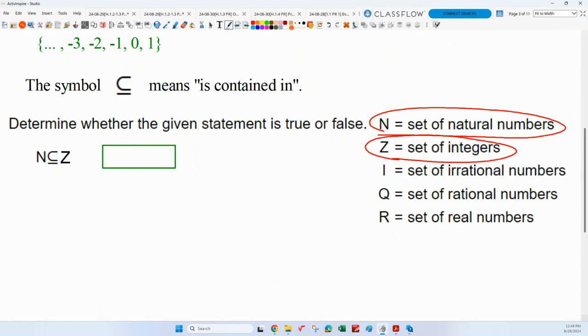So it wouldn't make sense for me to ask the question, is N an element of Z? Is the set of natural numbers an element of the set of integers? Element wouldn't make sense there, because if I'm asking if something is an element of a set, that implies, is it a single piece, right?